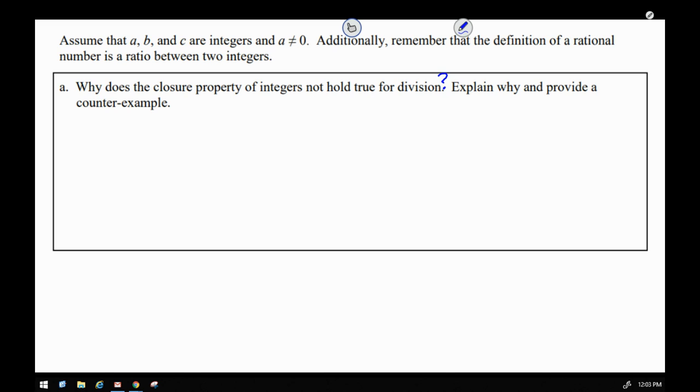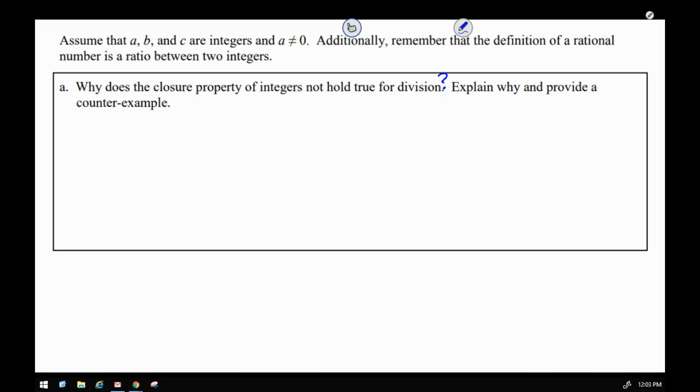Is 0 an integer? Is 1 an integer? 12. What about 1/2? No. Okay. So it's only like whole numbers, an integer, right? So why does that not hold true for division? What happens when you divide 1 by 2? You don't get an integer, right?